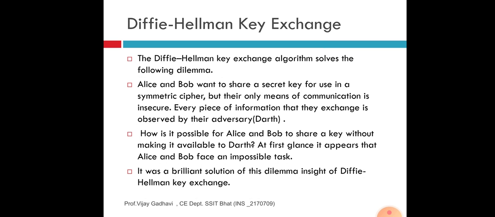How is it possible for Alice and Bob, sender and receiver, to share a key without making it available to Dart? This is the question. At first glance, it appears that Alice and Bob face an impossible task. It was a brilliant solution of this dilemma inside of Diffie-Hellman key exchange.